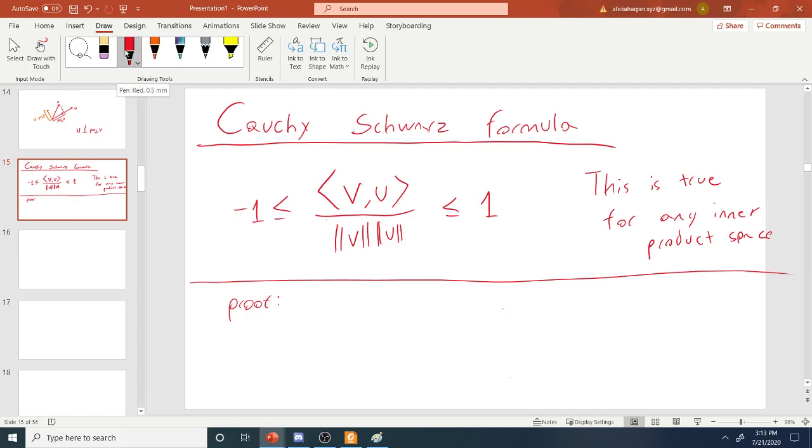So here's a somewhat different approach. What we're going to do is set p to be the vector that is the proj of v onto u.